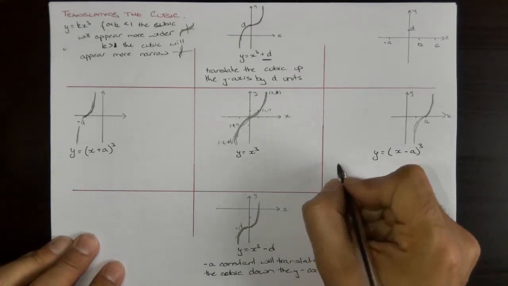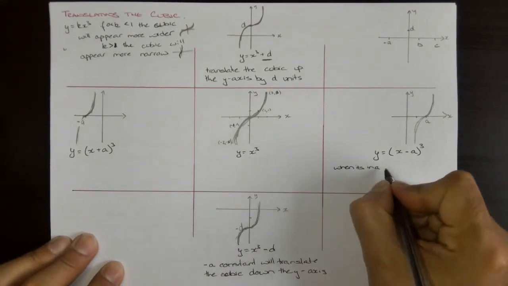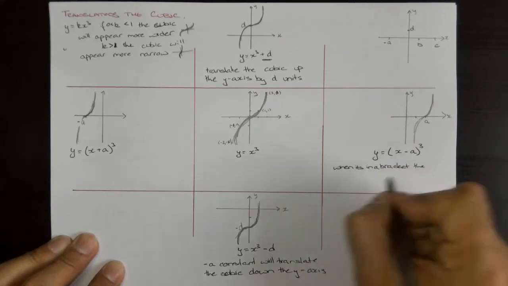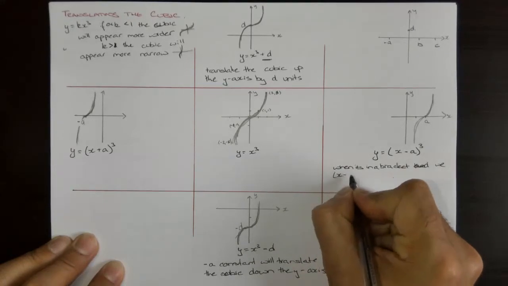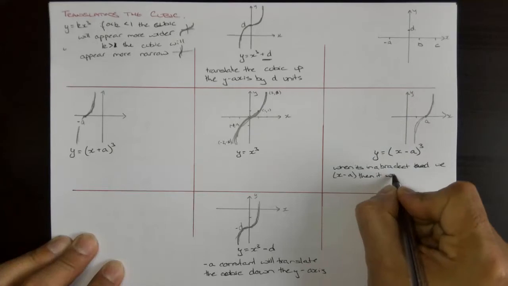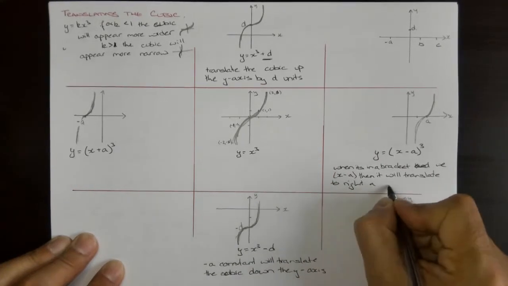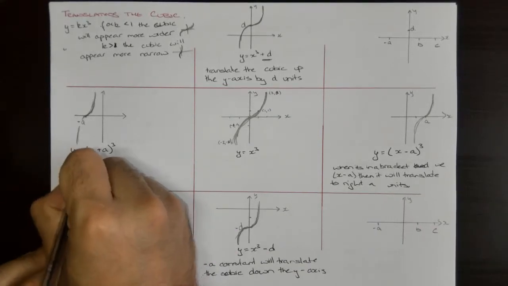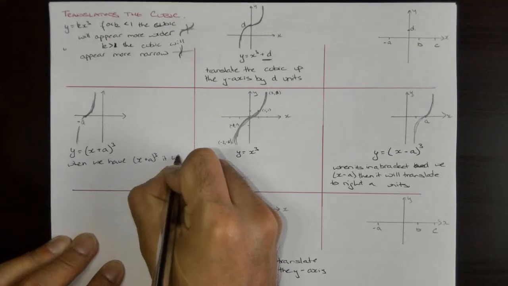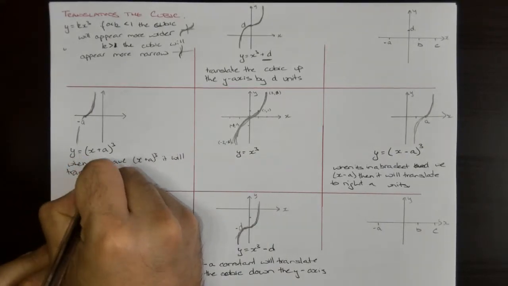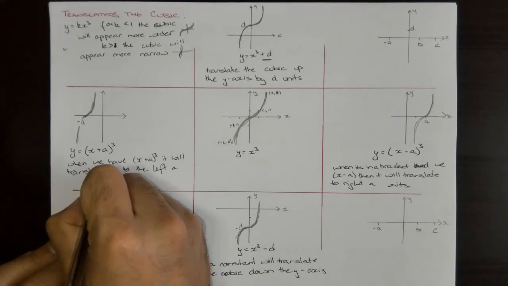So when it's in the bracket and we have x minus a, it will translate to the right a units, and when we have x plus a, it will translate to the left a units.